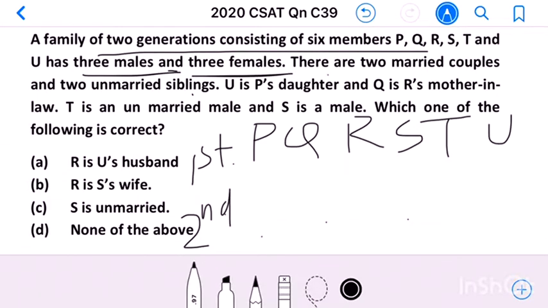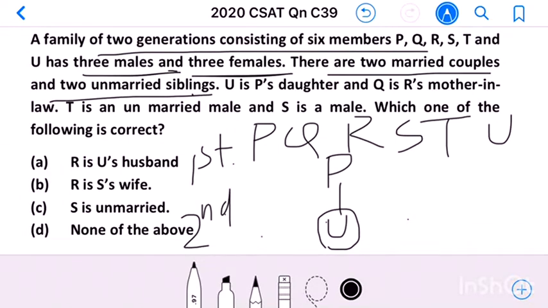There are 2 married couples and 2 unmarried siblings. Then U is P's daughter. I am marking female members in a circle. P is in the first generation and U is in the second generation. And generations I am marking with a vertical line.